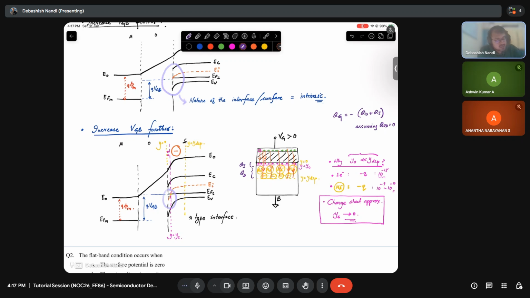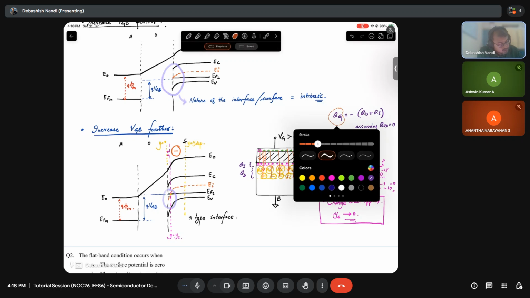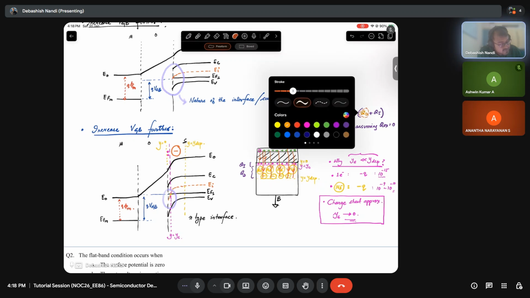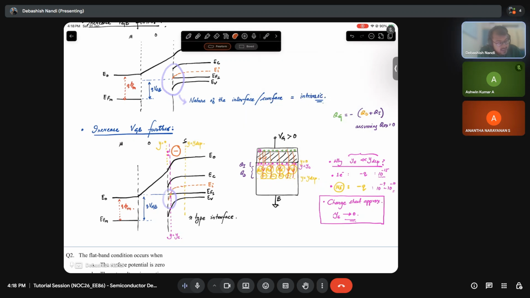QG is the gate charges, green colored charges, positive charges. QD is my depletion charge and QI is my electrons. We call it inversion charge.